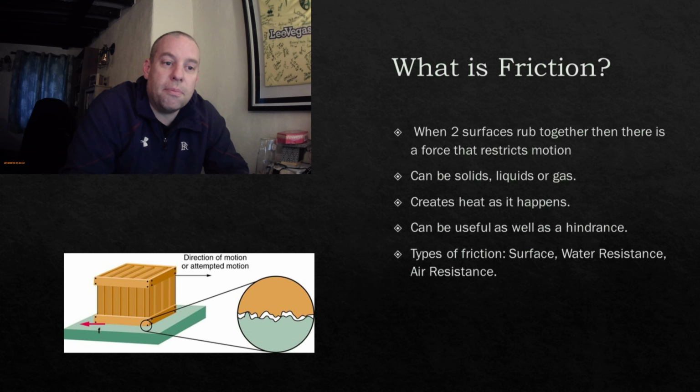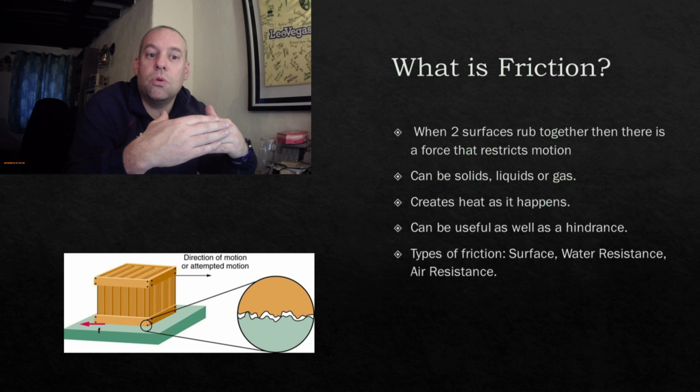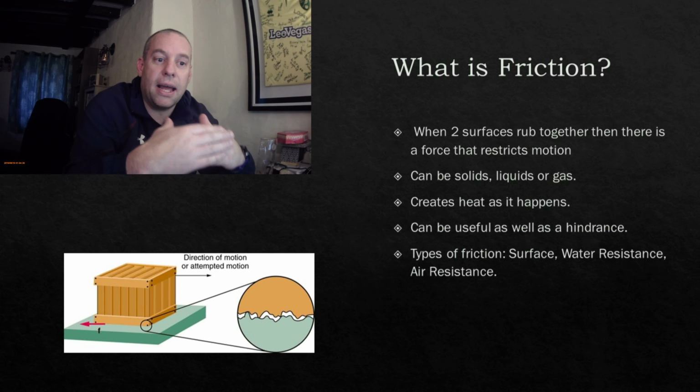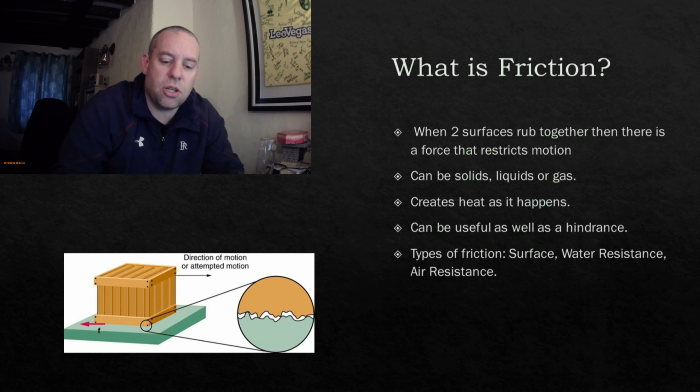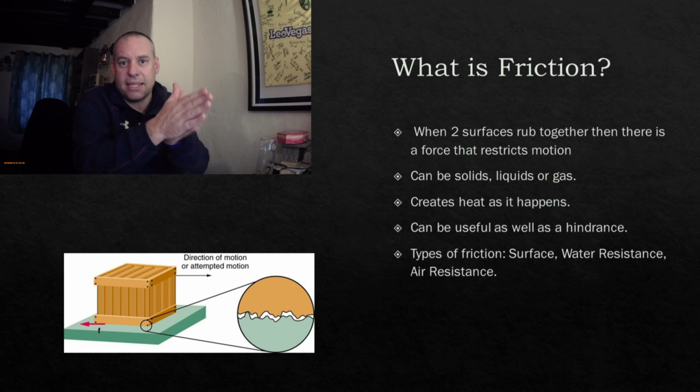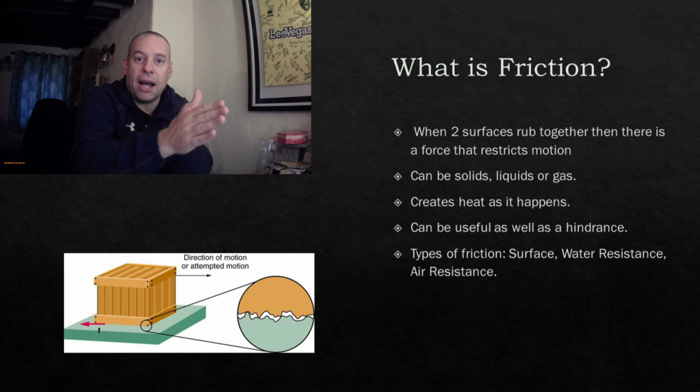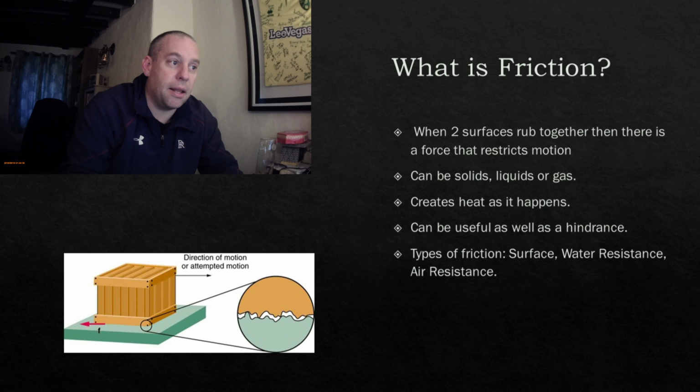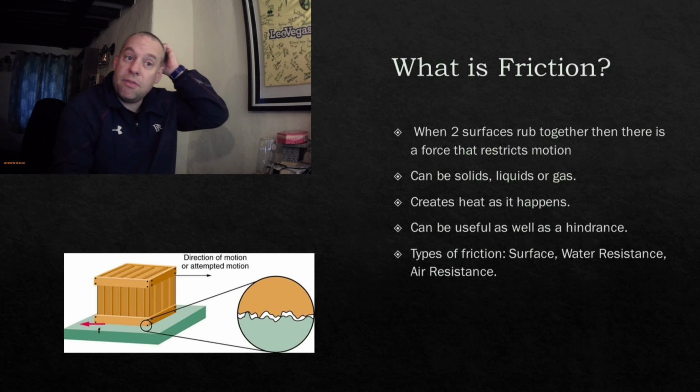Those types of resistance are also two substances rubbing together, and they slow down the object. Also useful to notice at this point that heat is generally a product of friction. When you rub your hands together, you can feel your hands warming up, and that's the friction working. So let's have a look.